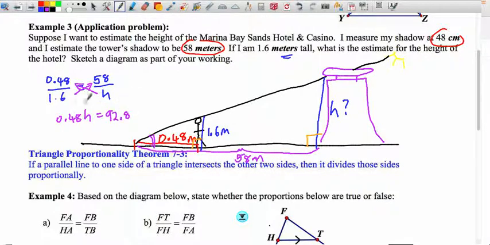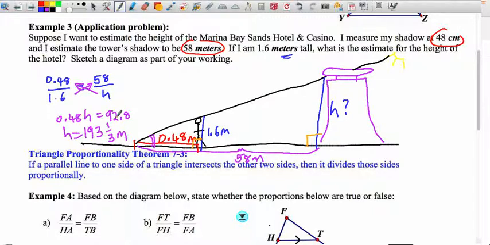Then of course we divide through by, sorry, not by 48, I beg your pardon, we divide 92.8 by 0.48, and we will have our estimated height of 193 1/3 meters.